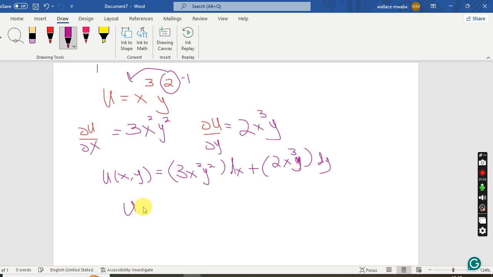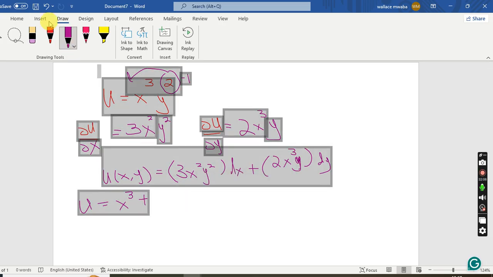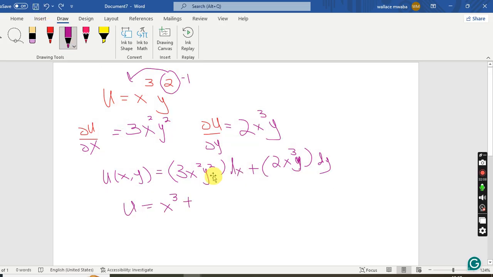Now try to get the total derivative of this one. What happens here? Remember, sometimes they will separate them like this, sometimes they will be combined, so you need to know how to do it.